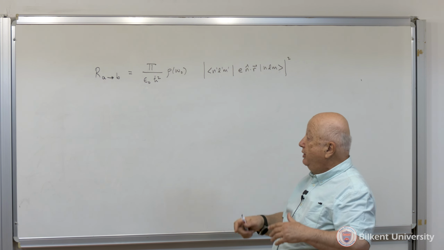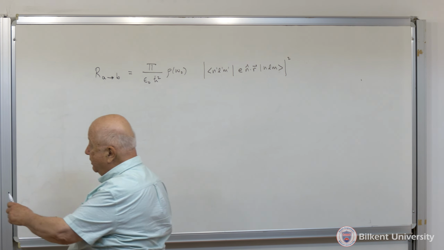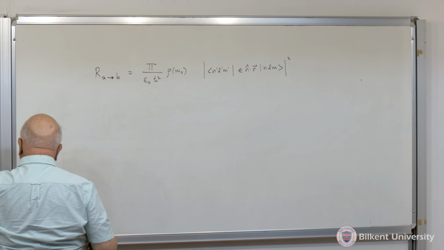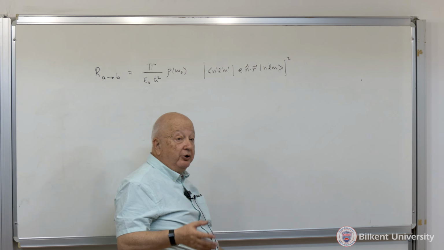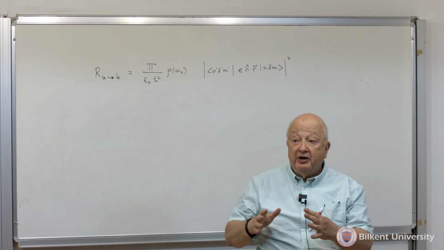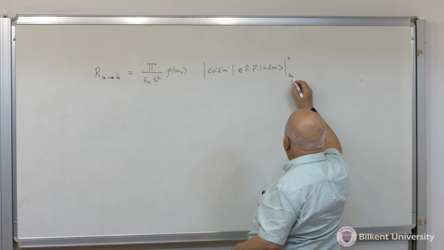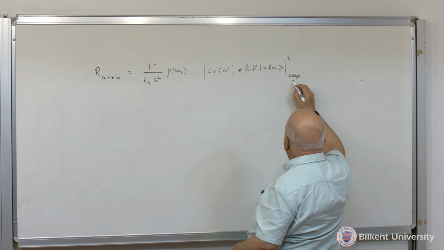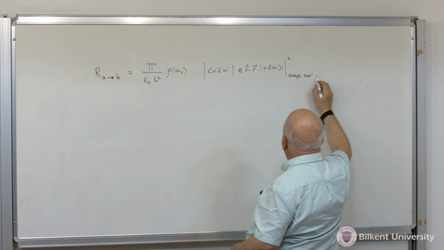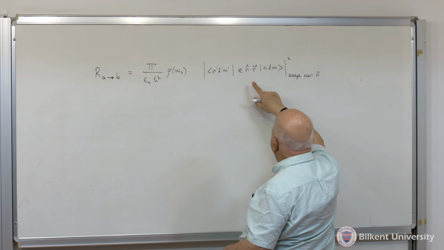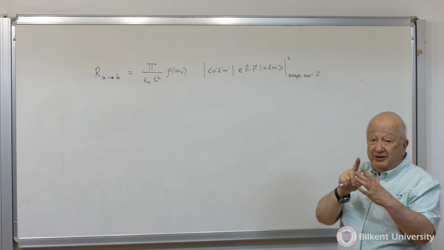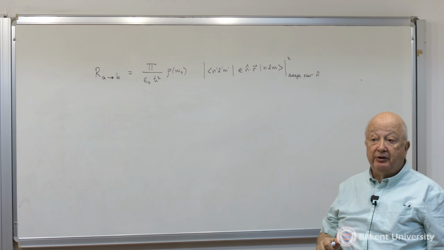The atom may be oriented in any position, and the electromagnetic wave may be coming from any direction. So I should somehow average this over the relative direction of these things.